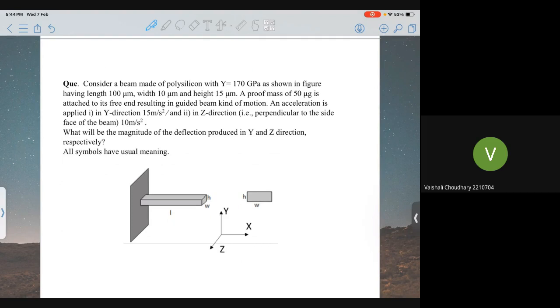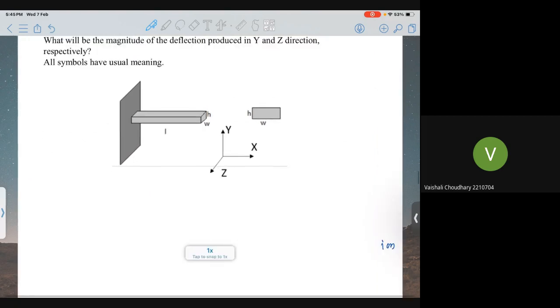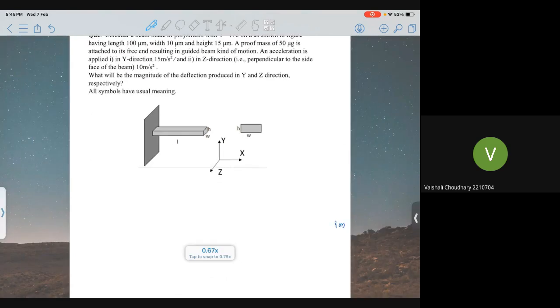A probe mass of 50 microgram is attached to its free end, resulting in guided beam kind of motion. An acceleration is applied in the y direction of 15 micrometer per second square, and in the z direction, perpendicular to the side of the beam, of 10 meter per second square. So what will be the magnitude of the deflection produced in the y and z direction respectively? Here all the symbols have their usual meanings.